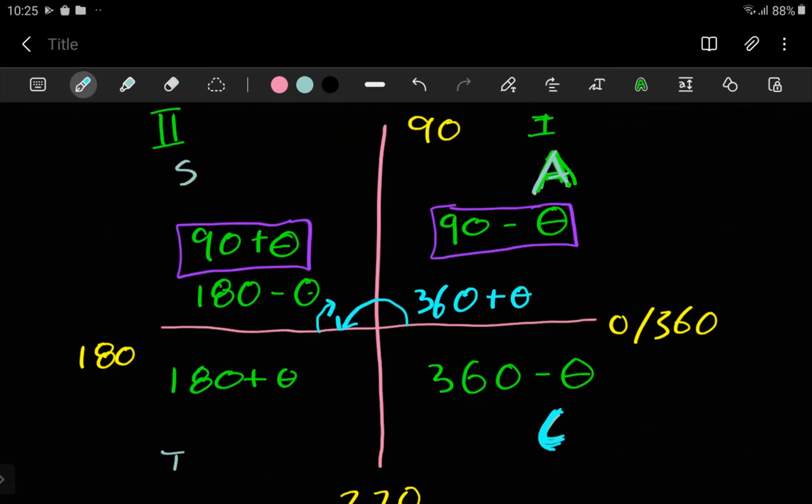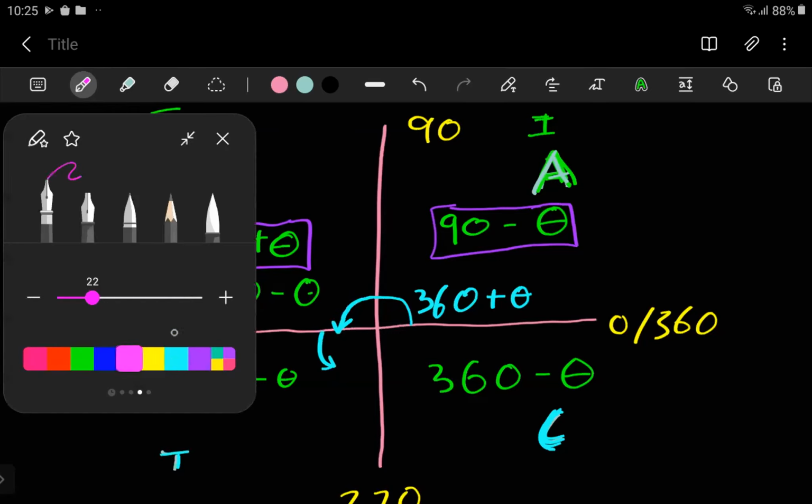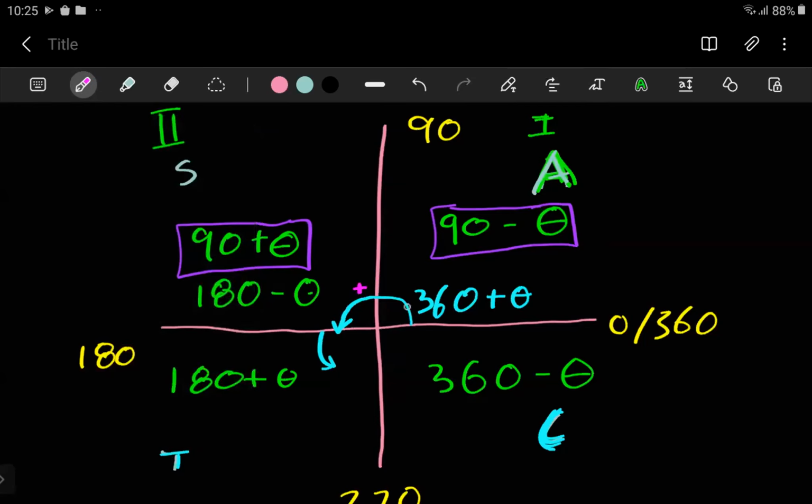If you were to do that for the 180 plus, since the 180 is a plus, you're going anti-clockwise 180 degrees. When you plus again, you keep going in that anti-clockwise direction. That's how you end up here. Every time you're plussing, you're just going anti-clockwise. If you're plussing again, you're still going anti-clockwise.